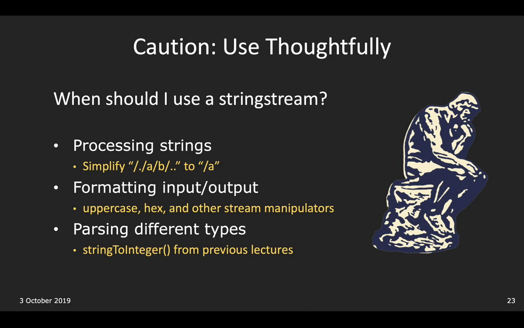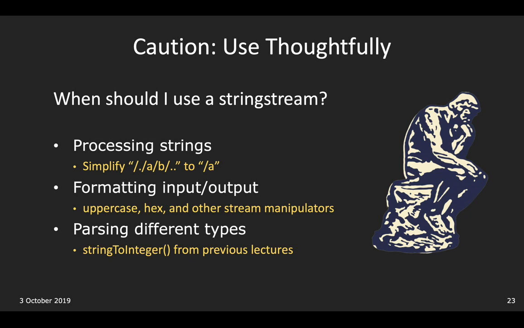Some things that a string stream is good for, these 3 applications in particular. Say you want to process strings in your code, for example, that right there is a path in your file directory. No worries if you're not familiar with it right now. You'll see it soon in 107 or even 106X or B, I believe. If you want to simplify that to its shorter version, for example, formatting input and output strings.